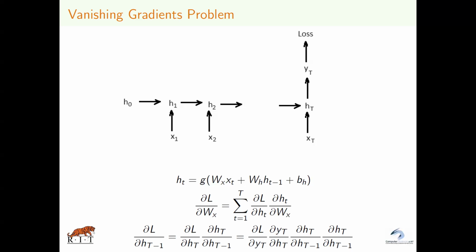If the sequence length is, let's say, a word, it can be 50 characters long, but if you think about a sequence of time series, for example, then of course it can be very long, and we will multiply gradients the same number of times as the length of our sequence.